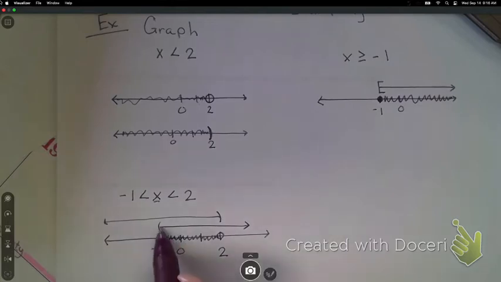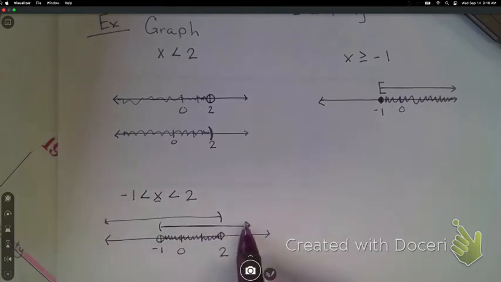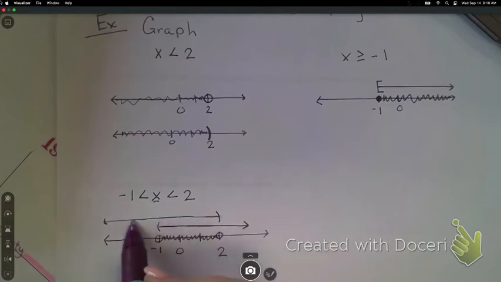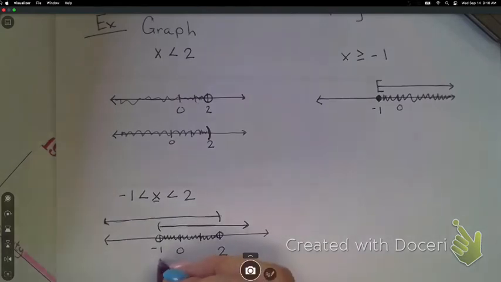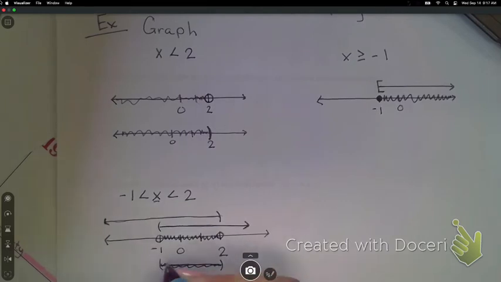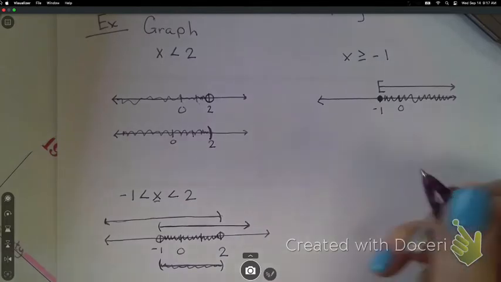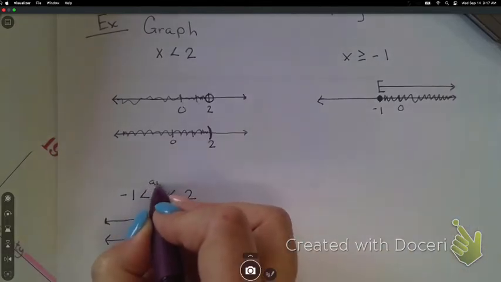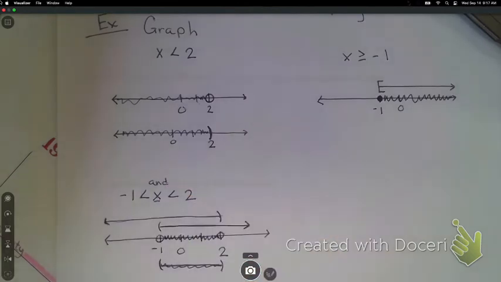Because it's bigger than -1 and it's less than 2. So then we deal with the part that is overlapping. If we were using parentheses, we would just have parentheses pointing into each other with the shading in between. Okay, this is an and. Because it's an and, it's nicely written from left to right.